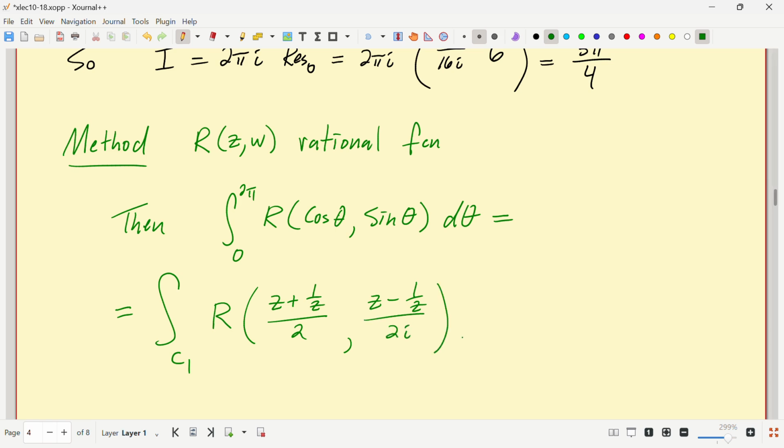And that business of giving myself i e to the i theta and dividing by it gave me a 1 over i z dz.